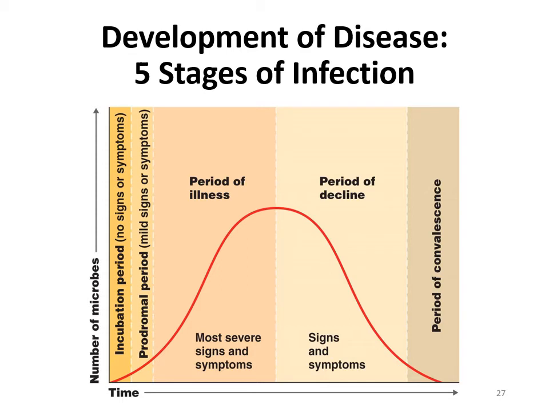Because think about it, at this point, now you have become immunocompromised, right? So if you're immunocompromised, what can happen? Opportunistic pathogens. So now that you're weakened, now your normal flora, who are usually the good guys, they can jump in and make you sick.